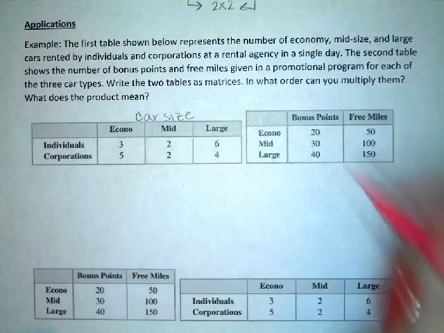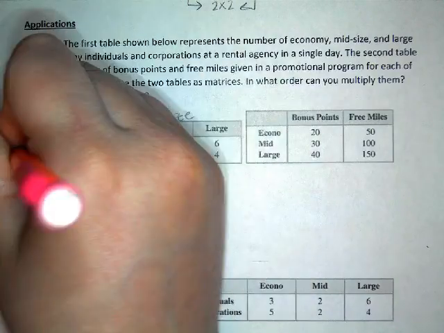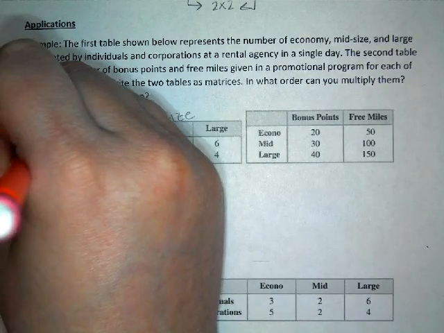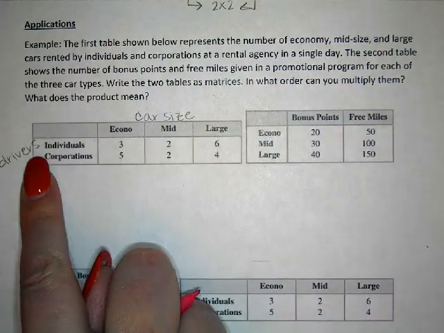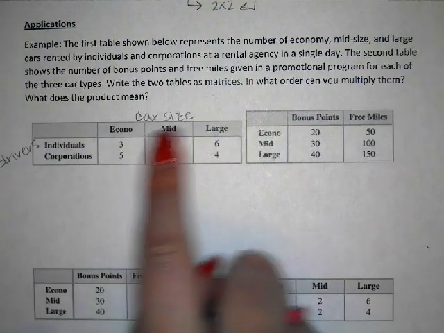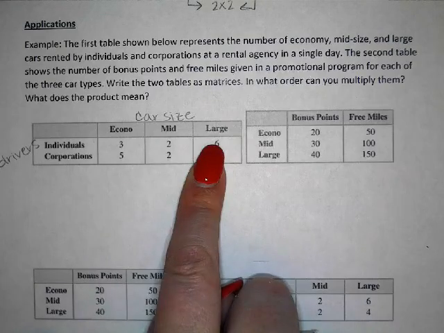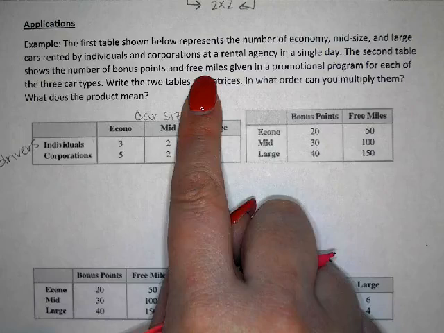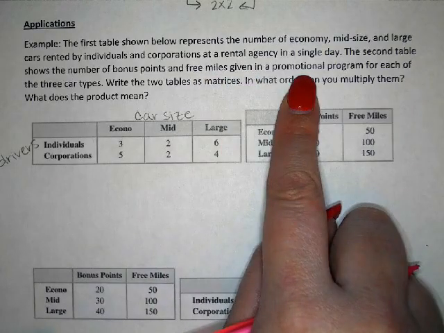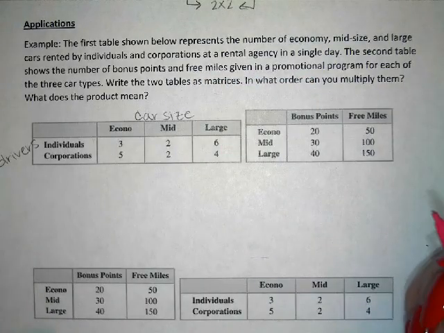These are the drivers, if they're individual drivers or corporations, that's who the contract is with, and just the number of rentals that they have. And then the second table shows the number of bonus points and free miles given in a promotional program for each of the 3 car types. So these are the car types based on their size.